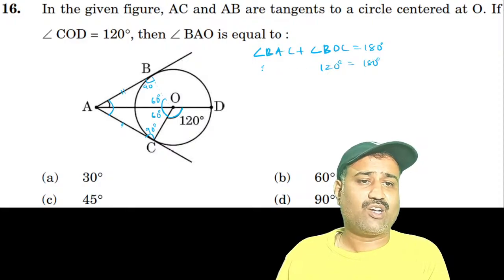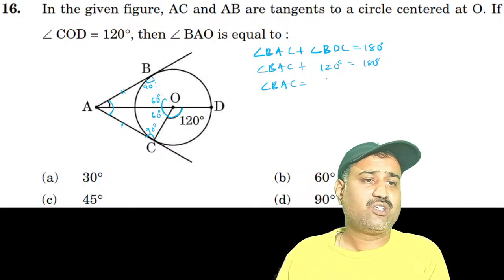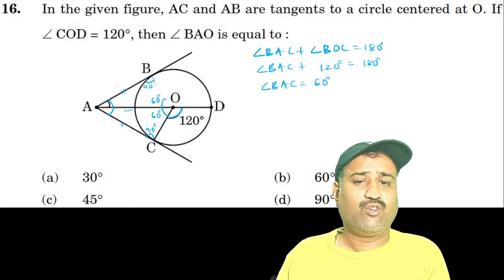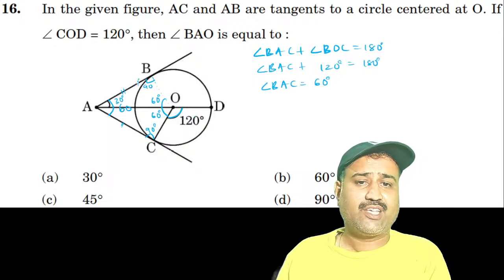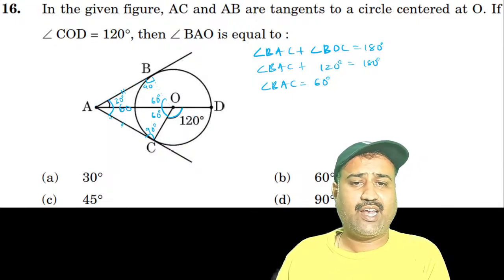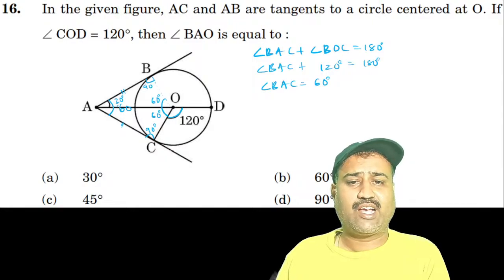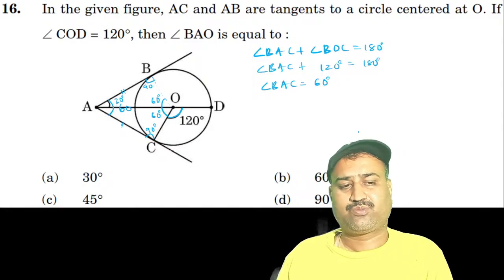Therefore, BAC is what? Angle BAC is 180 minus 120, which is 60 degrees. Therefore, this entire angle is 60 degrees. Therefore, this angle should be 30 degrees, right? They asked BAO; this entire angle is 60. Since these two triangles are congruent, this angle is 30 degrees.